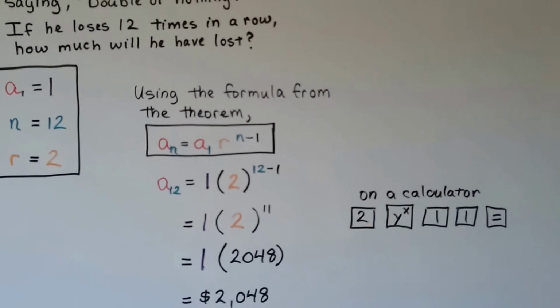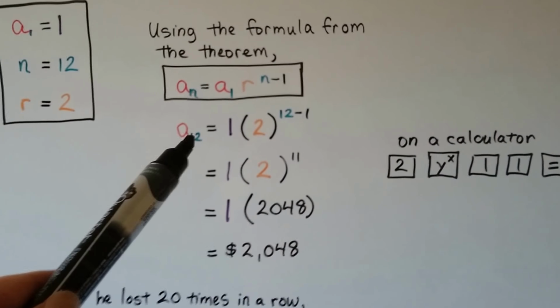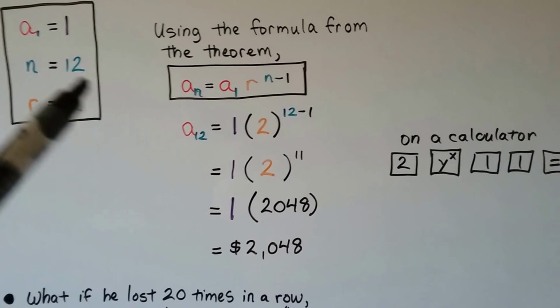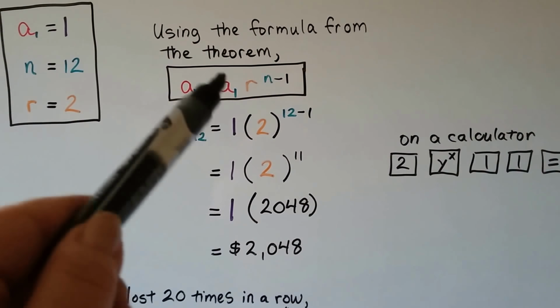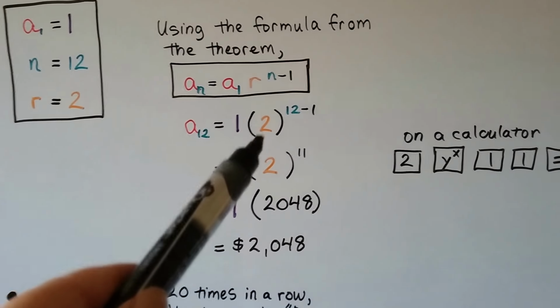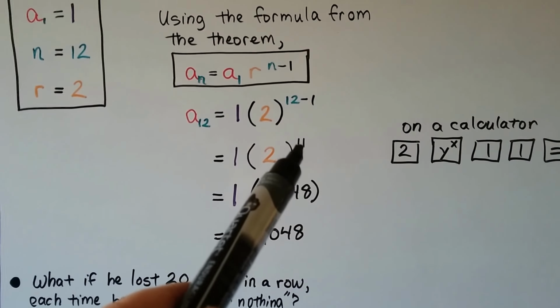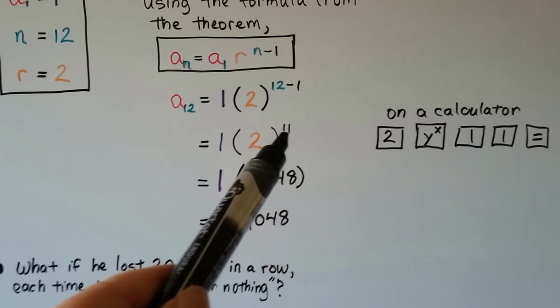So we're going to use the formula from the theorem right here, and we're going to plug in what we know. We have A sub 12 because n is 12. We have a 1 because A sub 1 is 1. We know the ratio is 2, so we have a 2 here. We know n is 12, so we have 12 minus 1. That means we're going to have an 11 as an exponent up here.